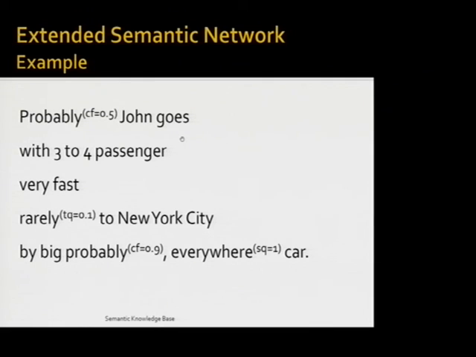graph was showing. So we have that the probability that John goes with 3 to 4 passengers pretty fast, but not very often to New York City, but probably in a big car, and this big is like everywhere. I mean, it's quite hard to put this information into sentences.